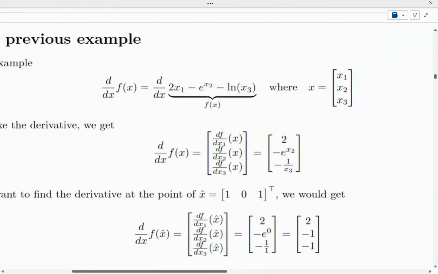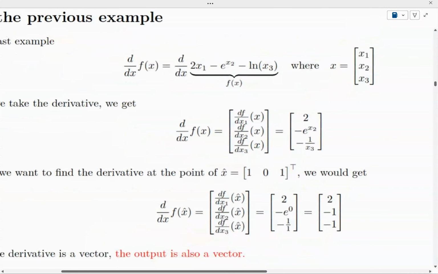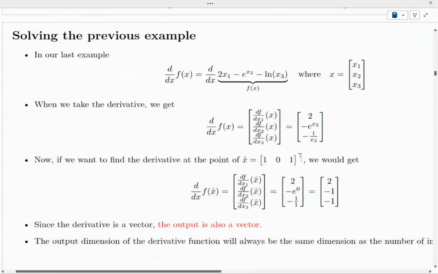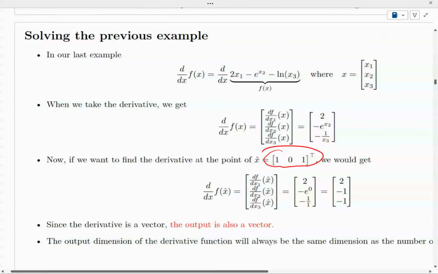So for example here, let's say we want to know the derivative specifically at this point, 1, 0, and 1, okay? And now we plug x hat into each function. So if we plug x hat into the first function, it doesn't matter, it would just be 2. If we plug x hat into this, there's only x2 in there.